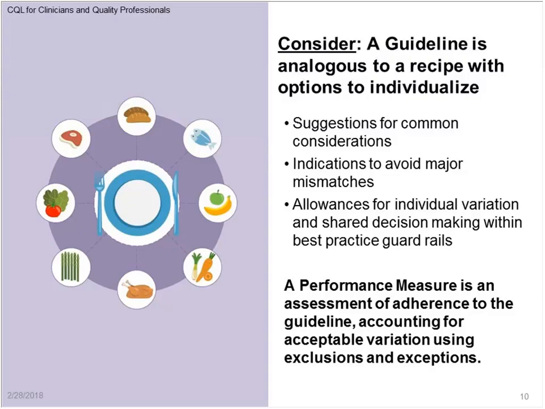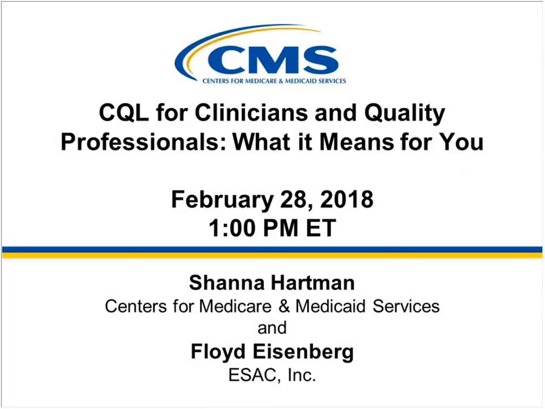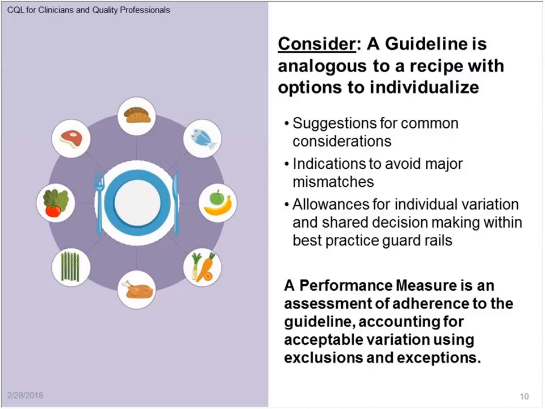So there's suggestions for common considerations, there are indications of what to avoid, allowances for variation, and so a performance measure is basically assessing adherence to a guideline, accounting for variation, exclusions, and exceptions.